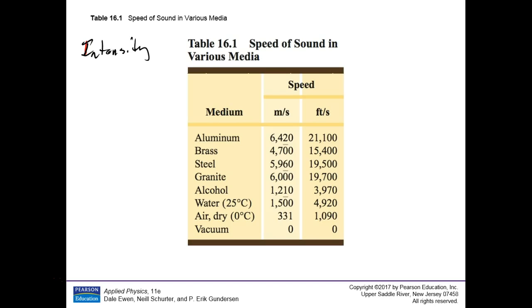And the levels of intensity are measured in bels, B-E-L. Now, you might think that's the ringing of a bell. No, that's not where it came from. It came from Alexander Graham Bell, exactly, who came out with the telephone, the phonograph, and many other things like this.